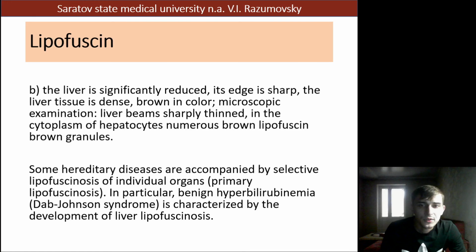Some hereditary diseases are accompanied by selective lipofuscinosis of internal organs. It's primary lipofuscinosis. In particular, benign hyperbilirubinemia, Dubin-Johnson syndrome, is characterized by the development of liver lipofuscinosis.